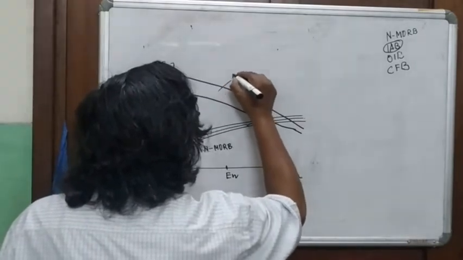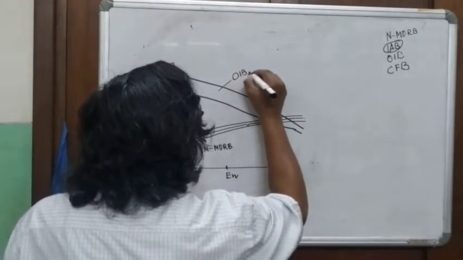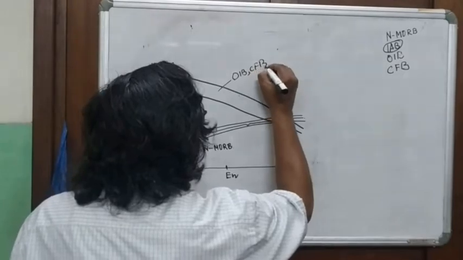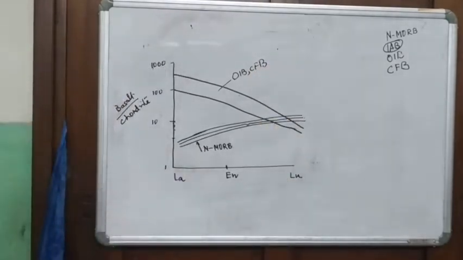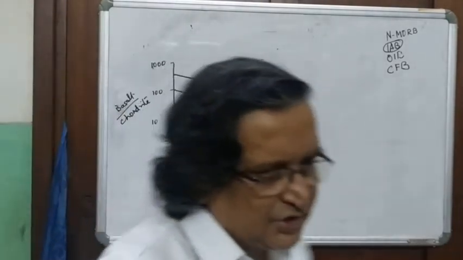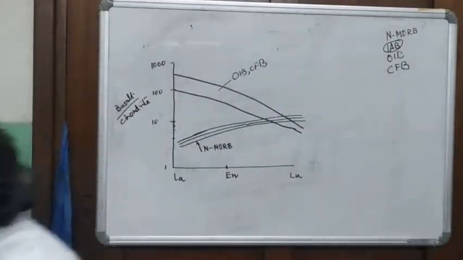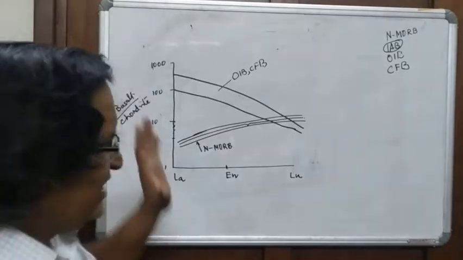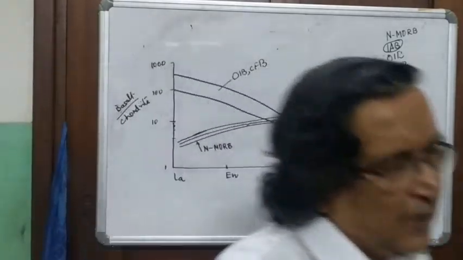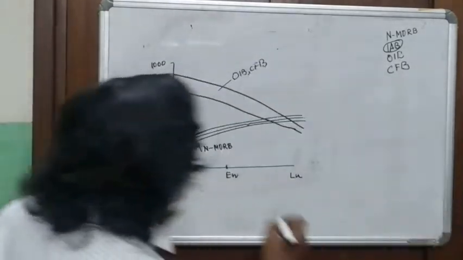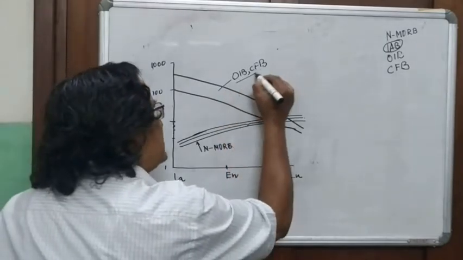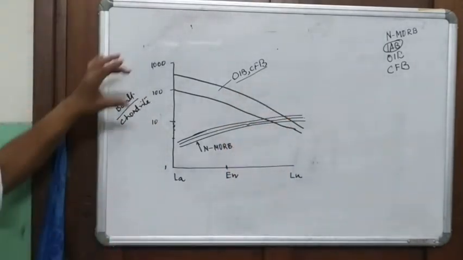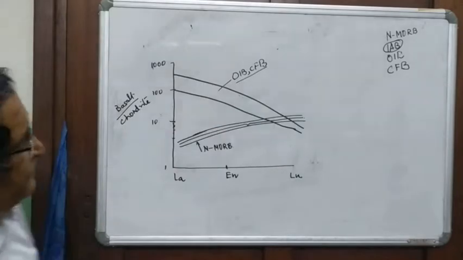This is OIBs and continental flood basalts. These are two fields. I have ignored island arc basalts for a certain reason, but this is a pattern more or less followed. Here, if you plot ocean island basalts and continental flood basalts, it's like this.